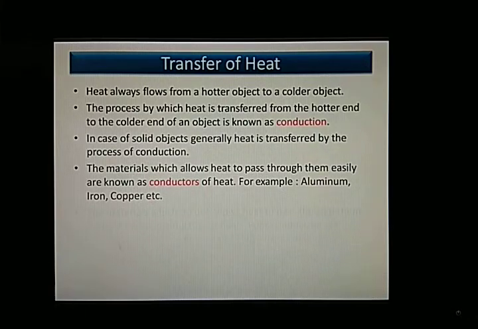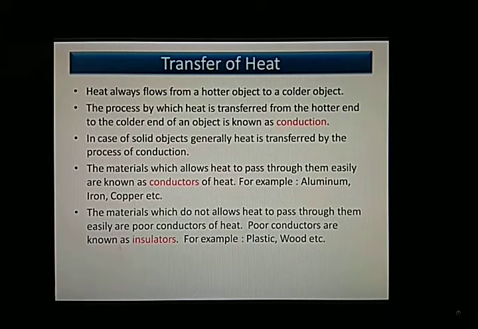Now also there are some materials which do not allow the heat to pass through them. So they are poor conductors. Poor conductors are also known as insulators. Have you ever noticed that in a pan, the rest of the part is metallic, but the handle is made up of a material which does not allow it to heat up?